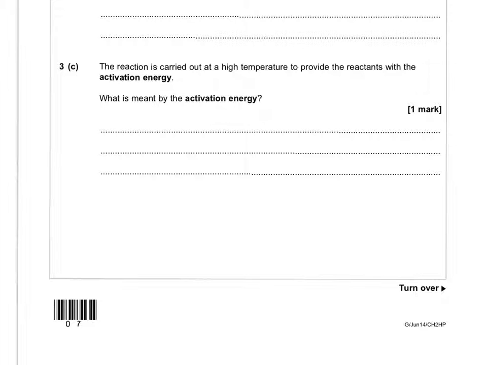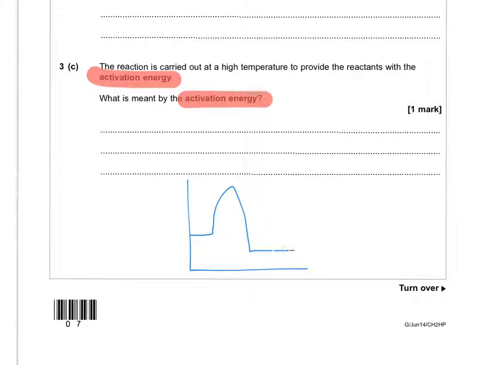And then again, straightforward recall. Reaction is carried out at a high temperature to provide the reactions with the activation energy. What is meant by activation energy? And we draw diagrams before that look something like this, or indeed like that.